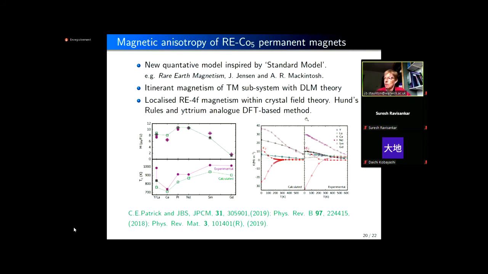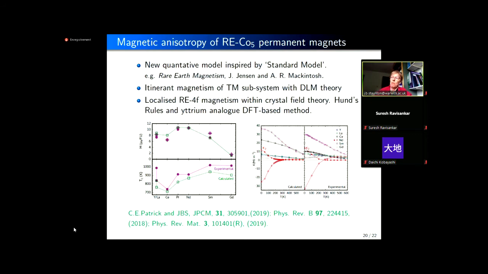So essentially, we've got a description of the gadolinium variant of the class, and now what we are proposing is to then add to that the contribution to the anisotropy from a single ion model.